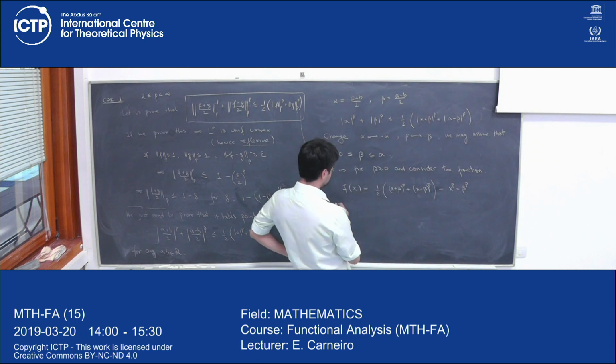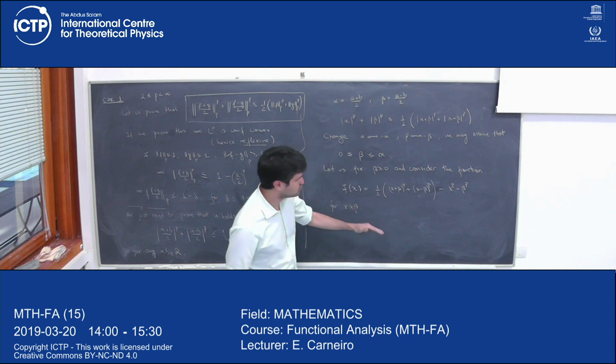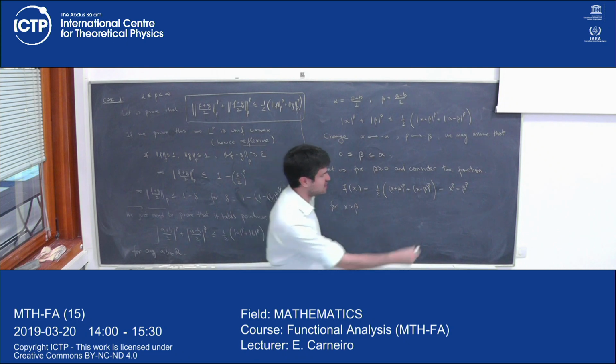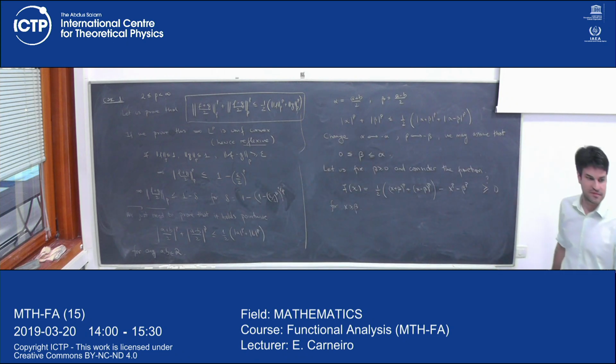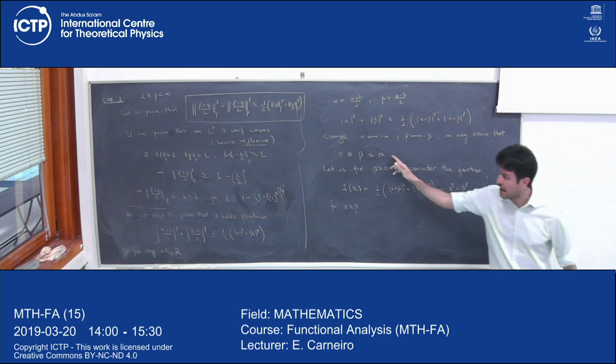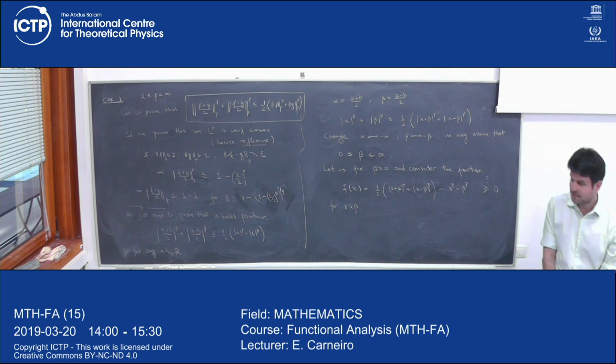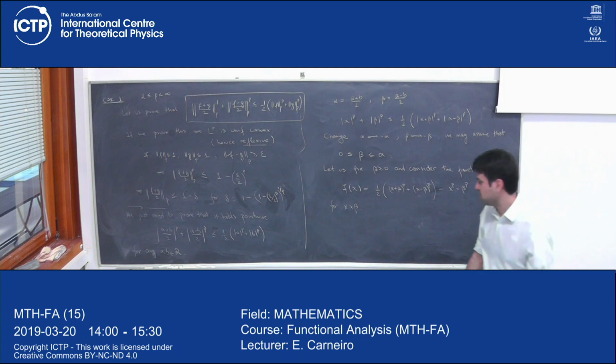I'm going to consider this function for x bigger than or equal to beta. I want to show that f of x for x bigger than or equal to beta is bigger than or equal to 0. In particular, when I plug in x equals alpha, this will be bigger than or equal to 0. Okay, so there's no big deal.